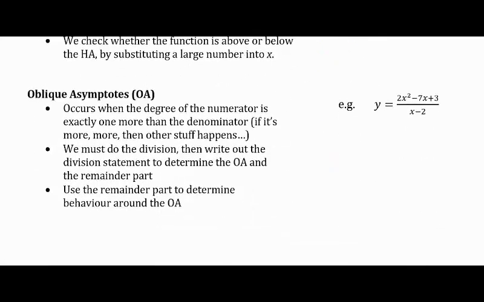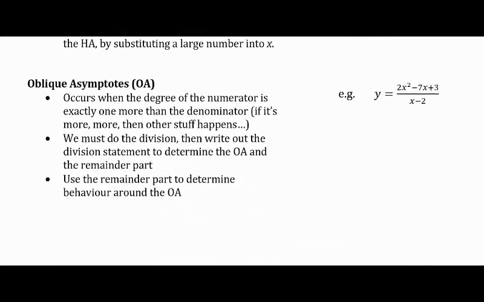Okay, and we're going to talk about oblique asymptotes, I think, when we get there, but we can just point out quickly, it occurs when the degree of the numerator, actually, why not? We'll just talk about it. It occurs when the degree of the numerator is exactly one more than the degree of the denominator. You understand what I mean by that?